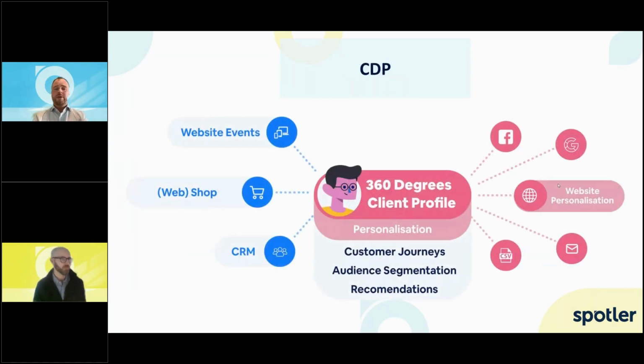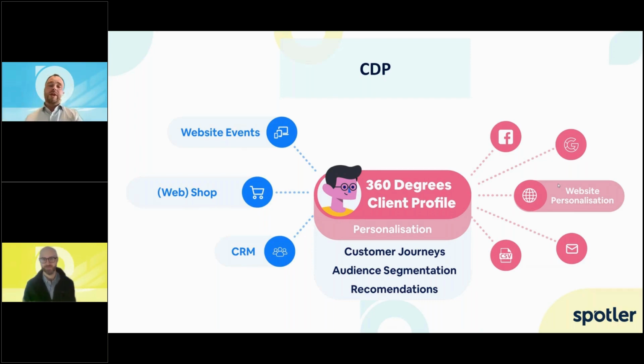So what we do with our tooling is that we connect with the customer data platform that we have within Spotler as well. And for people that are not familiar with a customer data platform, let me enlighten that real short. What they do is track every website event on your website. So they see a client, they try to identify that customer on your website, and they track the purchase data, the interaction data, the page views, all these engagements on site.